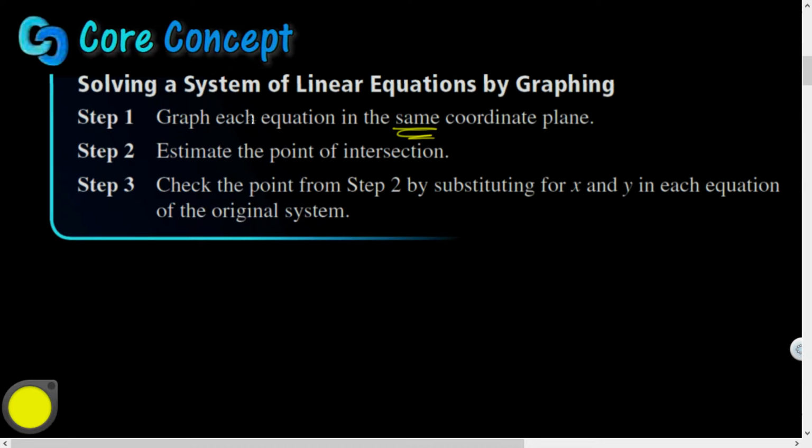I can do that. Step 2, estimate the point of intersection. Here's its weakness: it's an estimate, it's not going to be super close. Sometimes we'll get it right, but it won't be exact most of the time because our accuracy when graphing is limited. Step 3, check the point from step 2 by substituting for x and y in each equation. It's got to work for both of the original system.